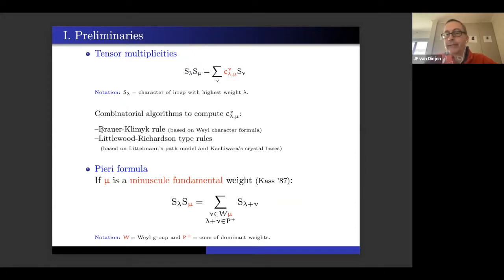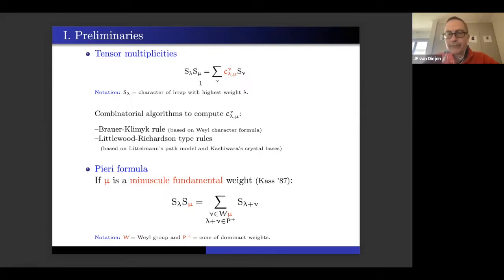It's based on the Weyl character formula, and basically what you do is you take one of these characters, decompose it into monomial symmetric functions. That means that you compute the weight multiplicities of that character, and then with this, using that expansion, you multiply with the other character which you have left unchanged, and so you get an expansion here in terms of weight multiplicities and some orbit sums of characters.